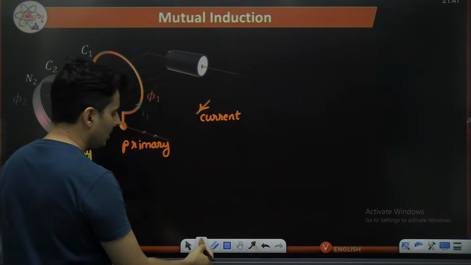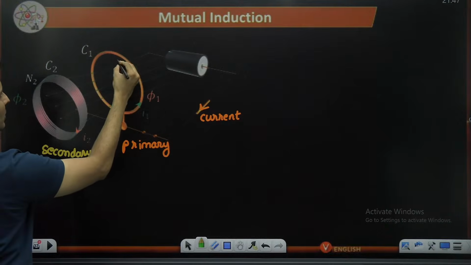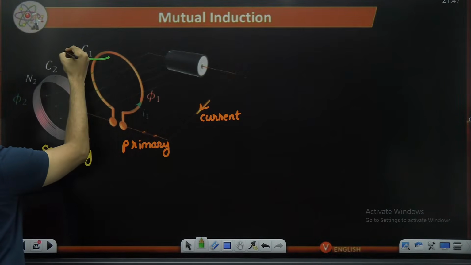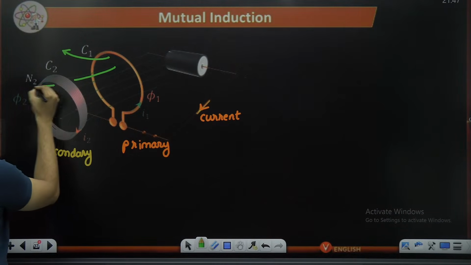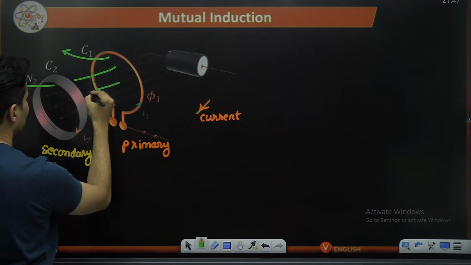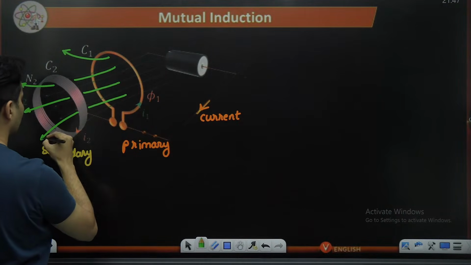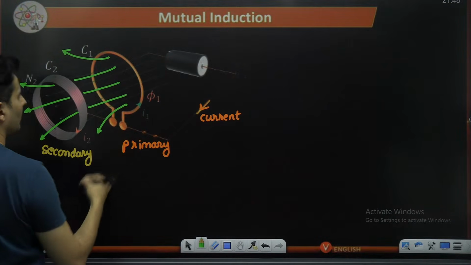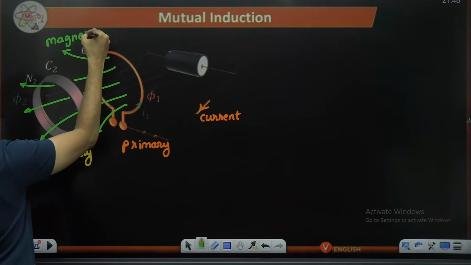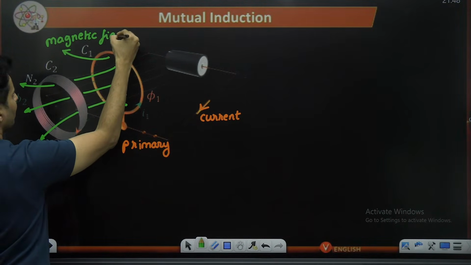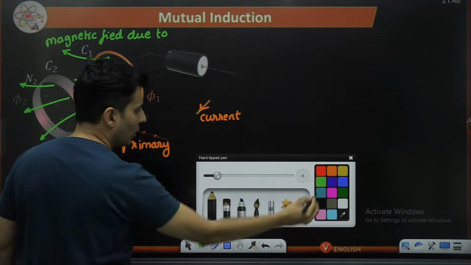This current, when it passes through the primary coil, it will produce a magnetic field. Some of the magnetic field lines may just go out. Some of the field lines will just pass through it, something like this. So there will be some magnetic field due to primary coil. This is very important.